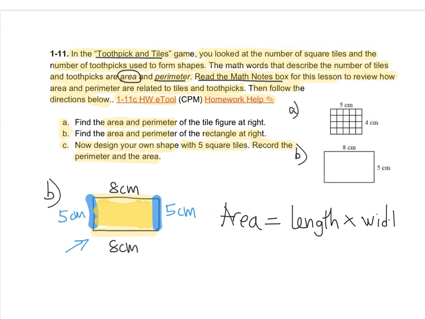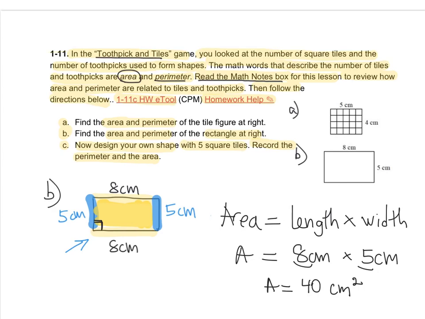And if you watched the video or read the notes from earlier, it also could be called the base times the height. So we're looking for the 90-degree angle in a rectangle. So I'm going to substitute 8 centimeters times 5 centimeters. That will give me the area A, which when I multiply is 40, and then we use centimeters times centimeters, or square centimeters.